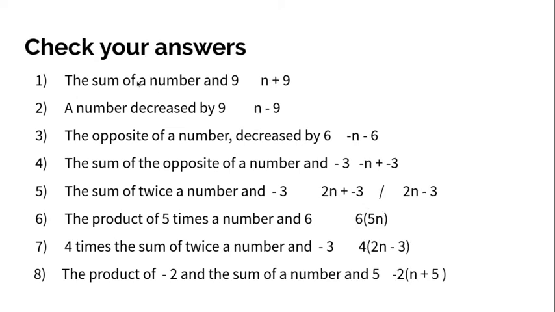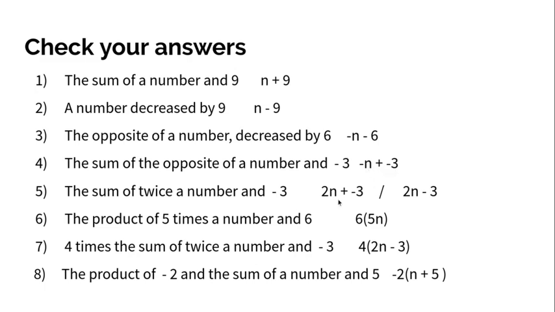Okay, so the sum of a number and 9 is n plus 9. A number decreased by 9 is n minus 9. The opposite of a number decreased by 6. The sum of the opposite of a number and -3 is going to be the sum of the opposite of a number minus 3.